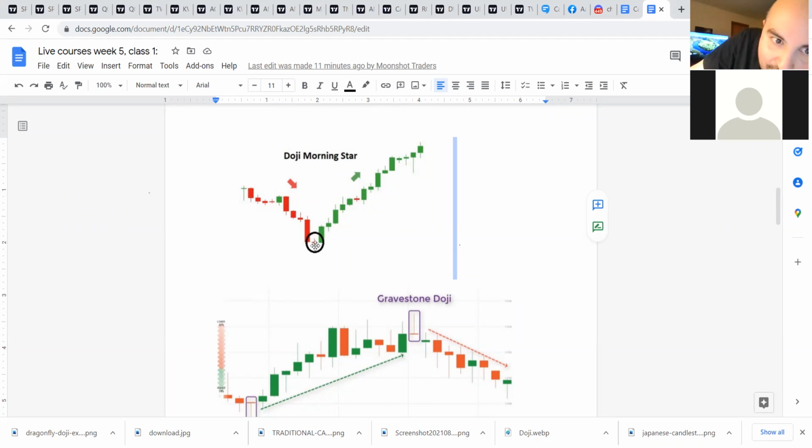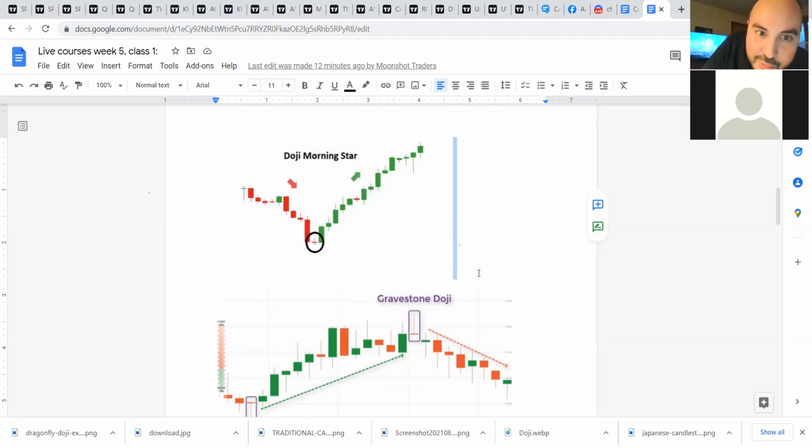Obviously we would like what? We would like it to be a Dragonfly doji. We would like to see this right here. Well, that's not really, it kind of is. And just also remember, guys, in the real world, it's never going to be perfect. Well, sometimes, but it's rarely going to be perfect.